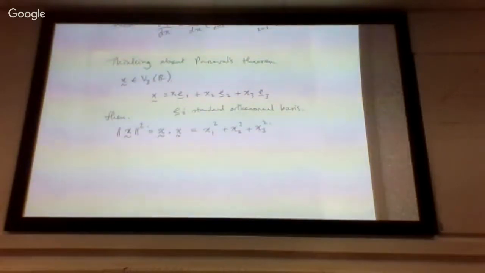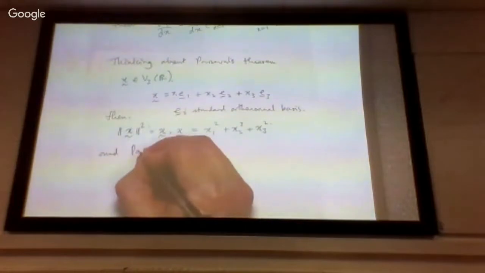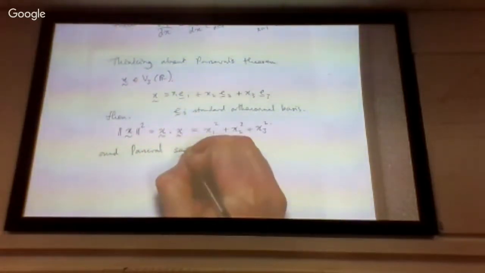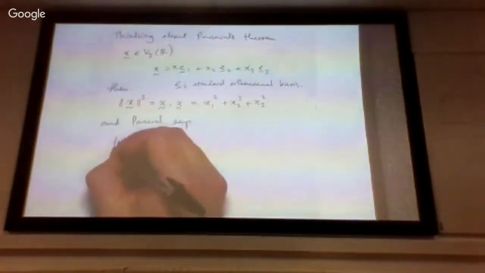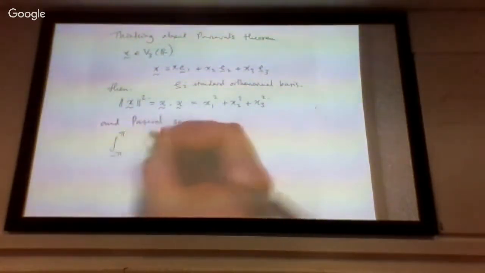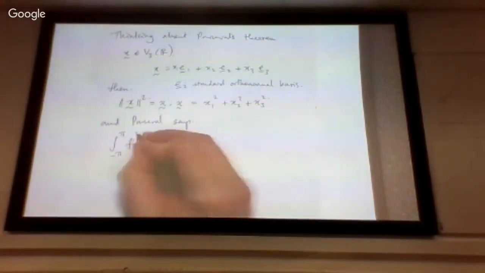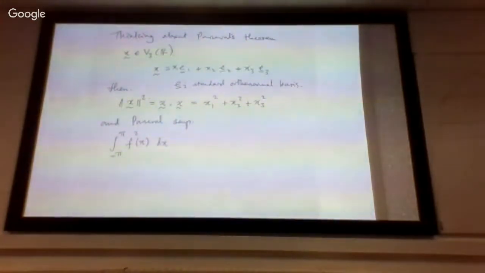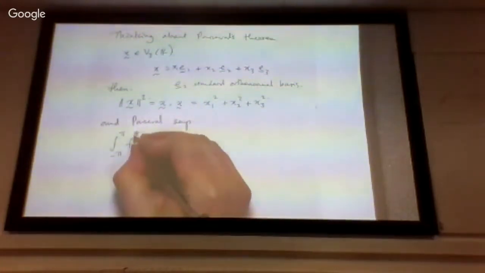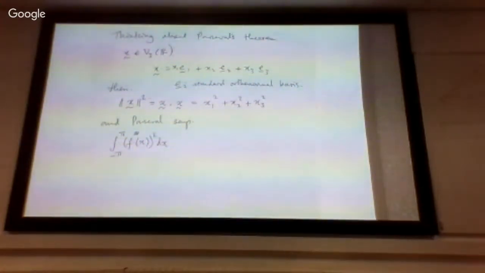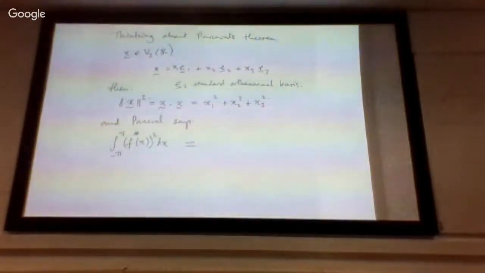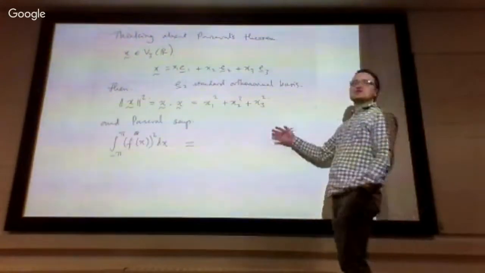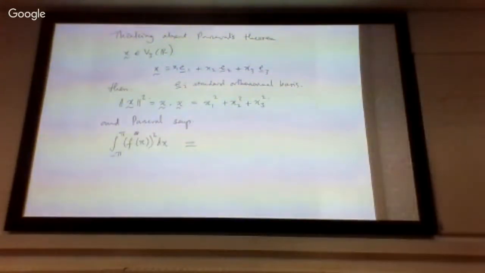Parseval's theorem says the same kind of thing. Instead of the inner product squared of the vector, we're talking about the integral of the square of the function, f of x squared. Parseval's theorem more or less says that the integral of the square of the function is the sum of the squares of the Fourier coefficients.